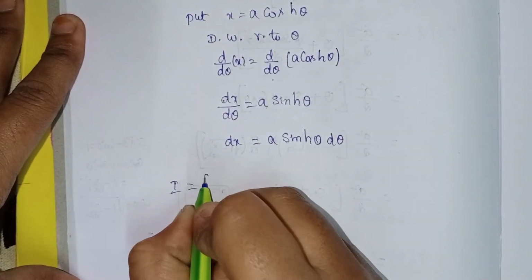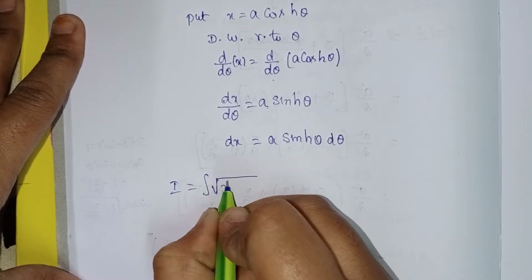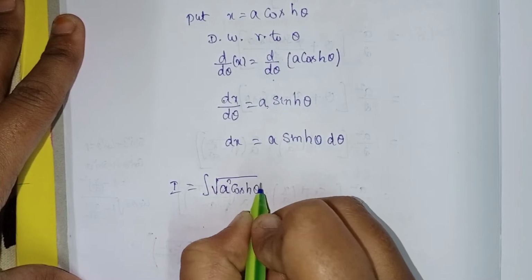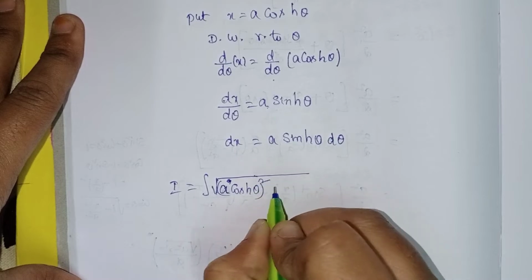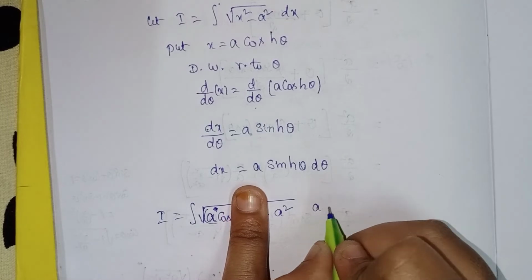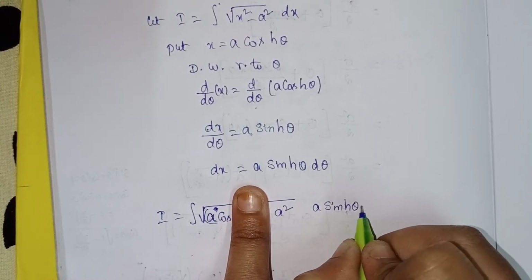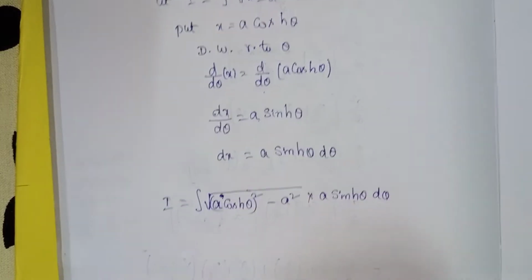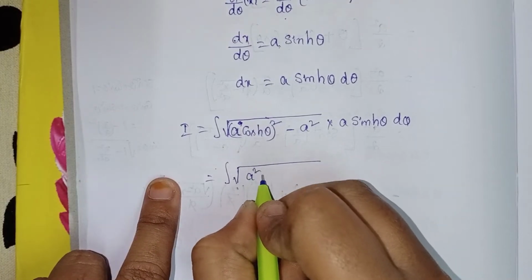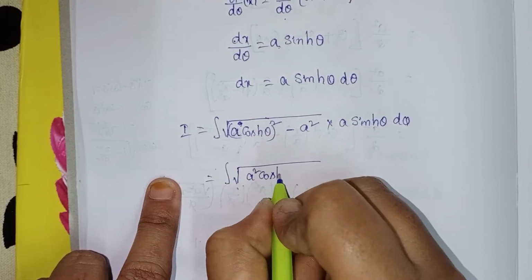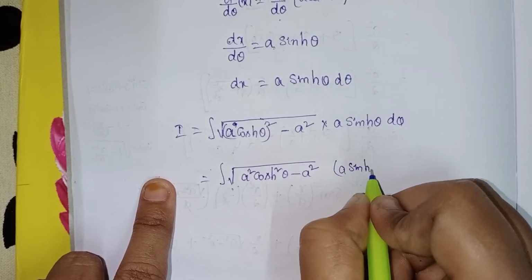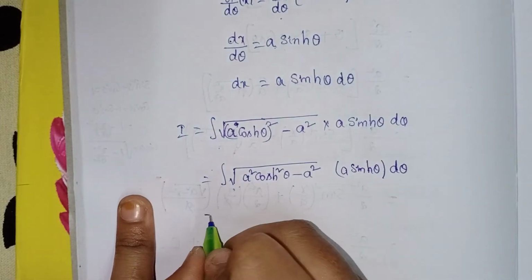Now I equals integral of square root of (a into cos h theta) whole square minus a square, into dx, means a into sin h theta d theta. Okay, integral of square root of a square cos h square theta minus a square, into sin h theta d theta.